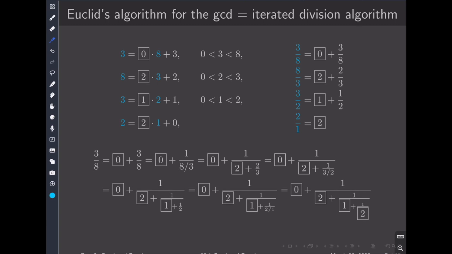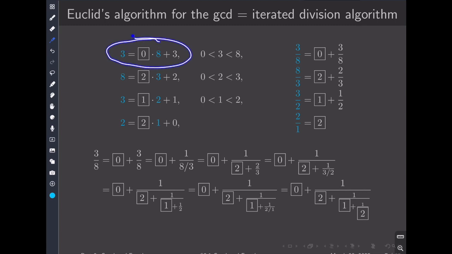And we know that it builds upon iterating the division algorithm for the integers. So let's say that I'm interested in dividing 3 by 8, right? So what do we know?